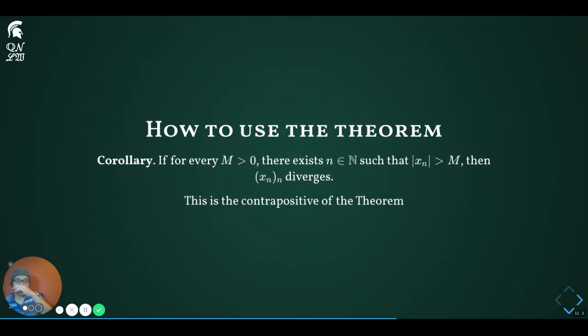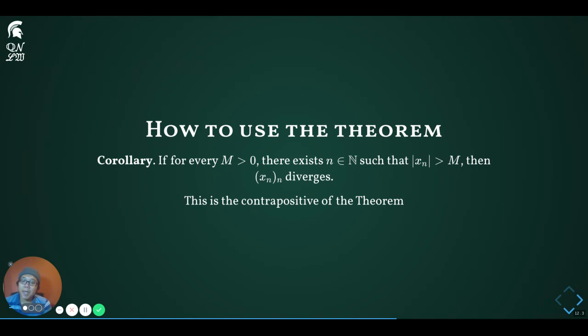Next, we discuss how to make use of this theorem for proving that a sequence is divergent. Since the theorem states that a property, namely boundedness, is inherent to all convergent sequences, by considering the contrapositive, we get the following corollary.